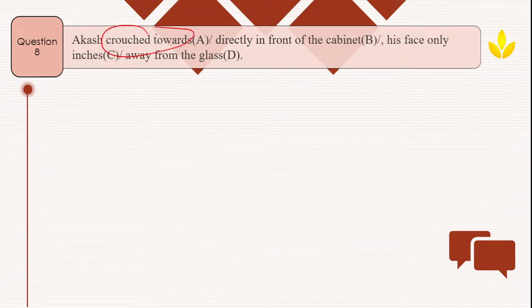Crouched towards is down. Directly in front of the cabinet, any clarification? So he is in front of the cabinet. His face only inches away from the glass. D has no error. His face only inches, that is also meaningful. So the error must be in A or B.